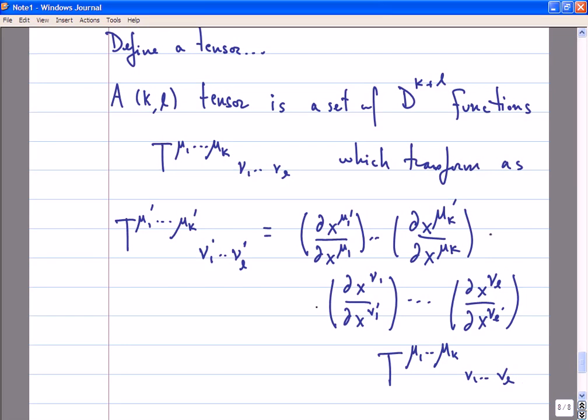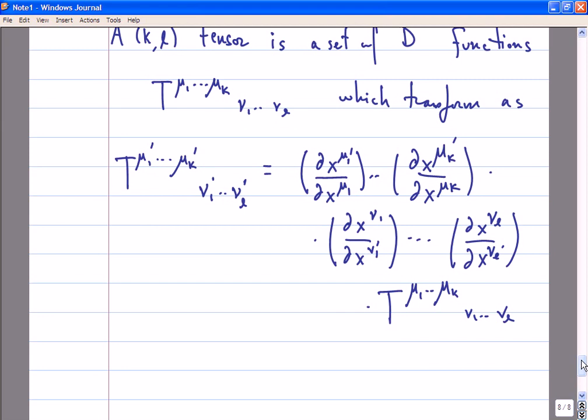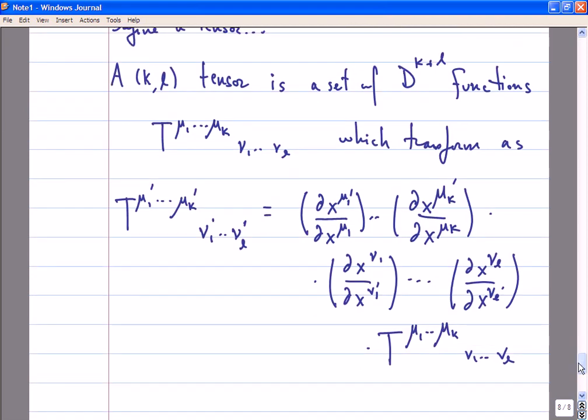And it's worth pausing to stare at this expression for a second. It might look like a complicated expression at first, but if you think about it for a little while, this is really the only possible expression that you could write down. What we're doing here on the right-hand side is balancing the indices in the only way that's possible.